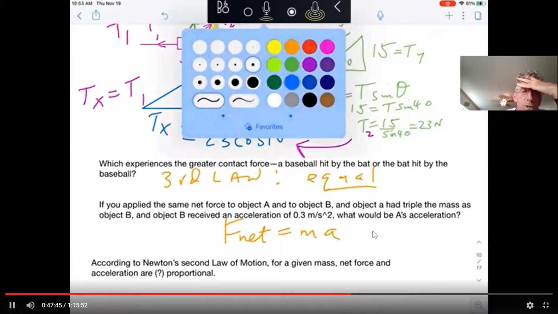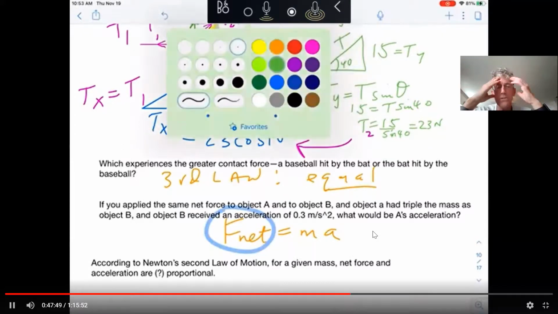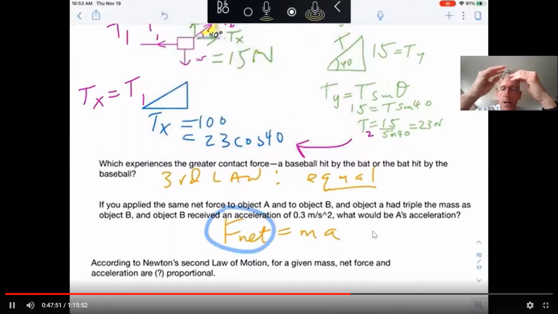Next one. These kinds of questions, you just look at F net equals M A. If A has triple the mass and the same net force, how can the net force stay the same? If you triple the mass, you have to make the acceleration one third to keep the net force the same.